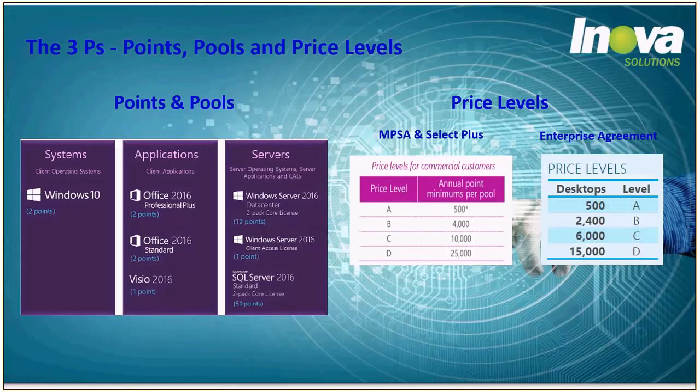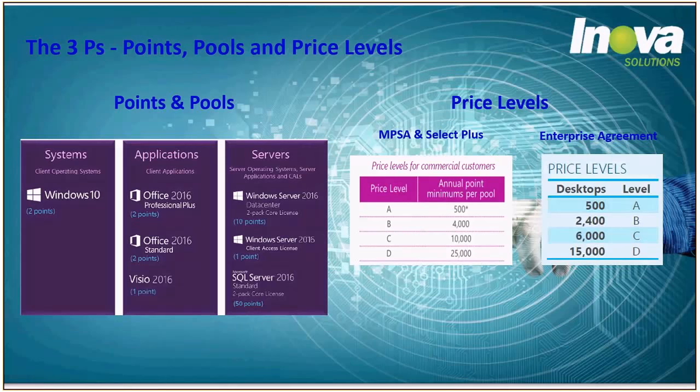In applications, Office 2016 gives you 2 points, Visio gives you 1 point, etc. So when you purchase specific systems, applications, or servers, whatever licenses you're purchasing, points are attached to those licenses. And once those points are tallied, it determines which price level you will fall into.